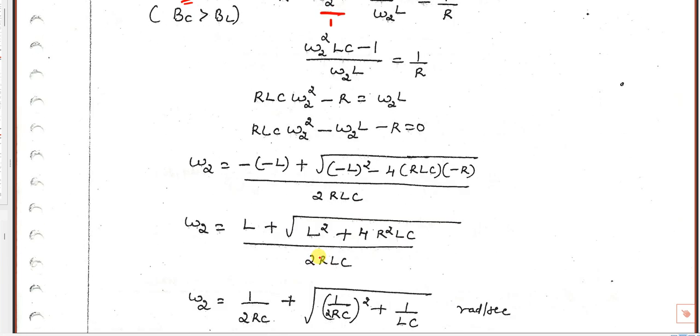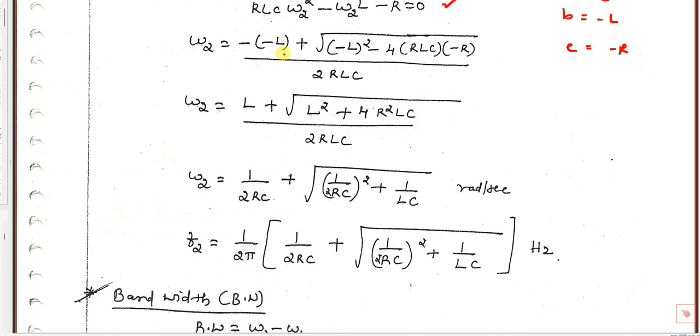Again here also it is in the form of a quadratic equation where A is RLC, B is minus L, C is minus R. So omega 2 is given by minus B plus or minus root of B square minus 4AC by 2A. So here also if you simplify this, L gets cancelled, and you get 1 by 2RC times root of 1 by this much.